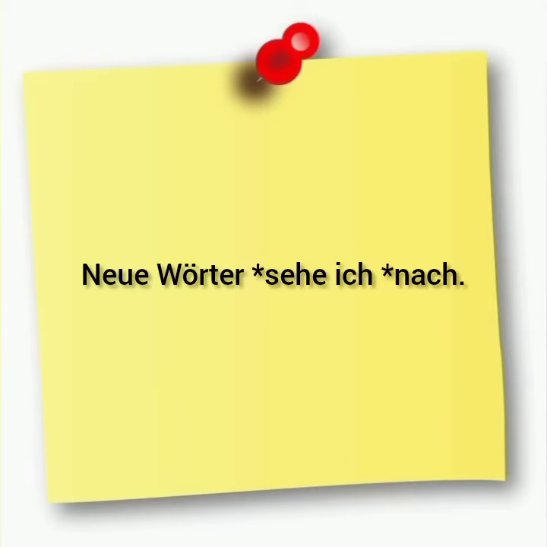Neue Wörter means new words, and then ich. So it should be sehe ich. Neue Wörter sehe ich nach. I am checking up new words. In a normal sentence, it's ich sehe neue Wörter nach. You can also say neue Wörter sehe ich nach. Okay?